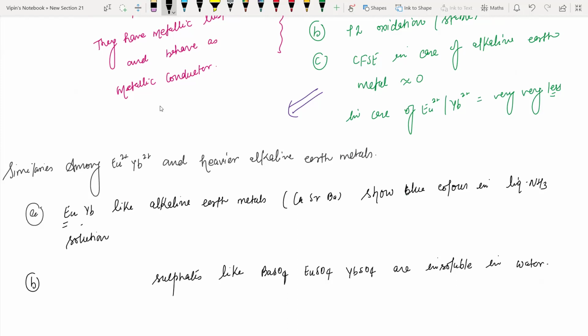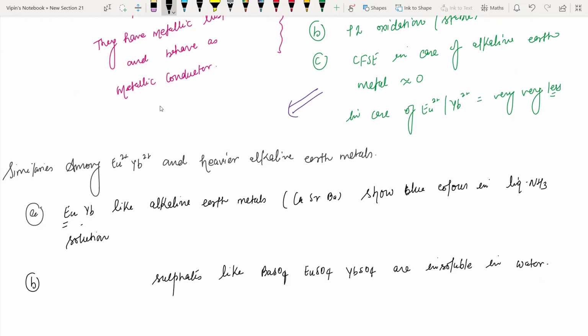Because of this, they show similar properties. The similar properties are that Eu and Yb show blue color in liquid ammonia solution, as shown by the alkaline earth metals, and also the sulfates of barium, europium, and ytterbium are insoluble in water. So these are the similarities of Eu and Yb with the heavier alkaline earth metals, right?